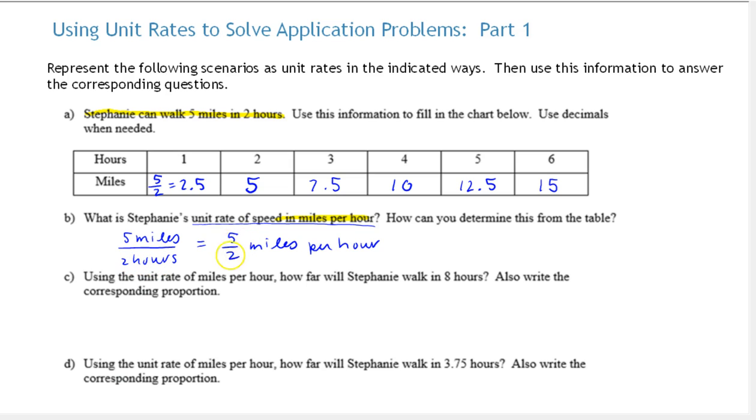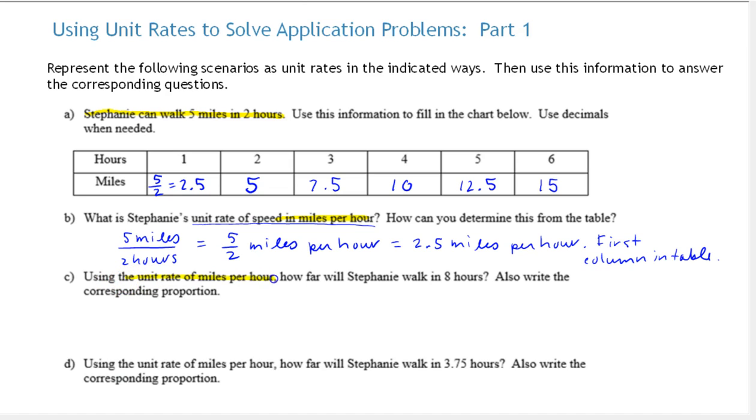That 2 has gone to the miles portion. This corresponds to 5 divided by 2, which is 2.5 miles per hour. And we can determine this from the table by looking at the first column. This is because the first column in the table tells us 1 hour, so we can see the corresponding amount of miles.